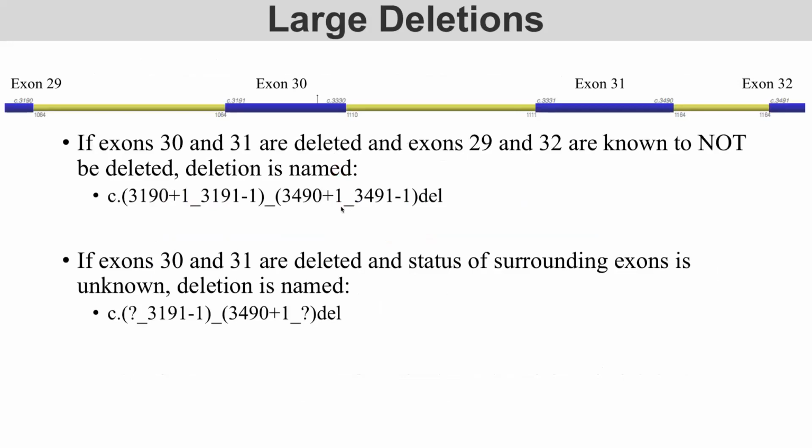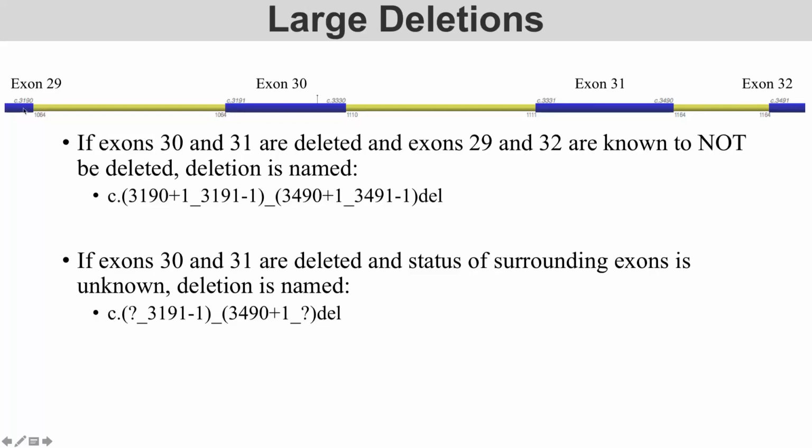So let's say you don't know the breakpoints, but if you're looking, let's say, at this sequence here, if you know exons 30 and 31 are deleted, and you know that exons 29 and 32 are not included in the deletion, the way you would name this is you would start with, because you know the deletion essentially occurs somewhere in this intron and ends somewhere in this intron, you describe the boundaries of that intron then.